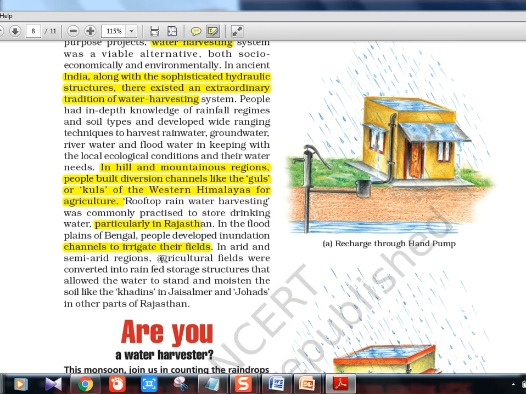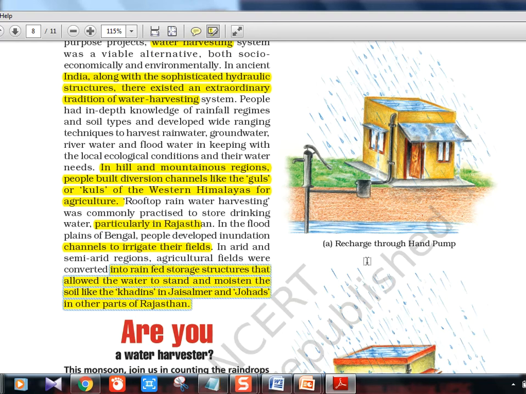In arid and semi-arid regions, agricultural fields were converted into rain-fed storage structures that allowed the water to stand and moisten the soil, like the Khadins in Jaisalmer and Johads in other parts of Rajasthan. So everything we read now is Rajasthan: Khadins, Johads, and rooftop harvesting. Only these guls and kuls are in the western Himalayas, maybe the Uttarakhand region, you can say. And in the pictures you see recharge through a hand pump.